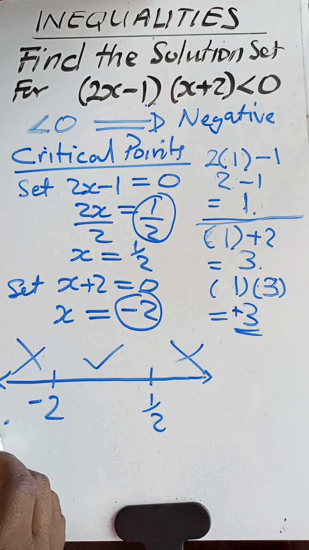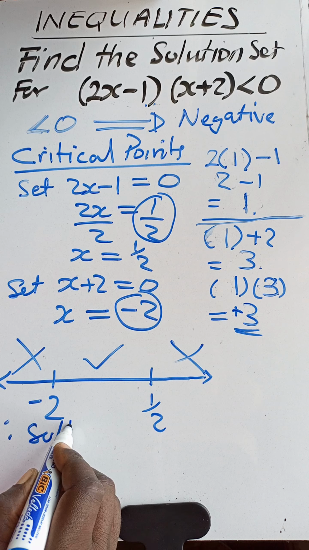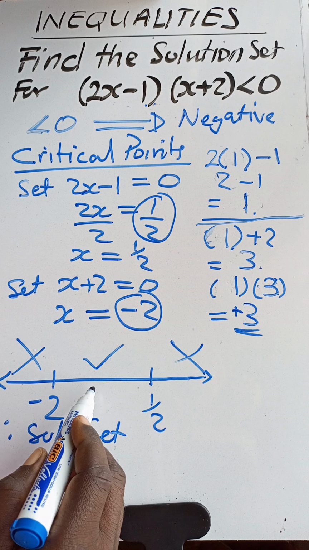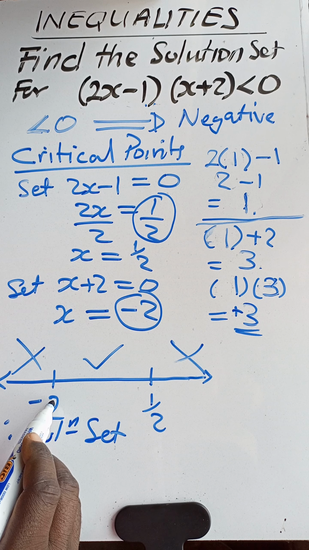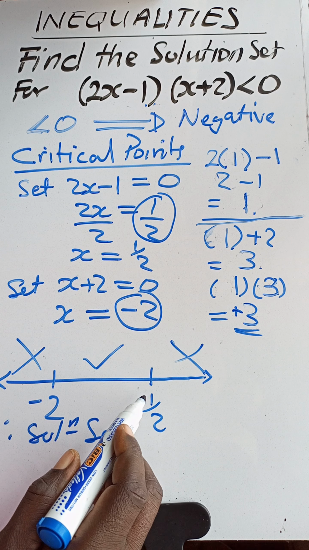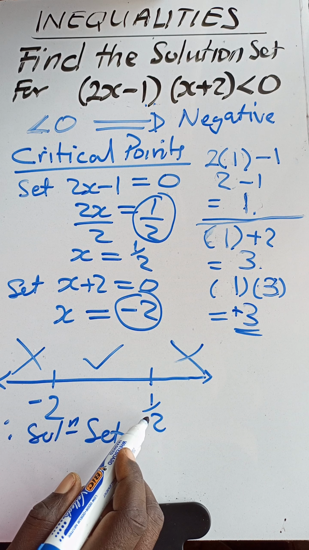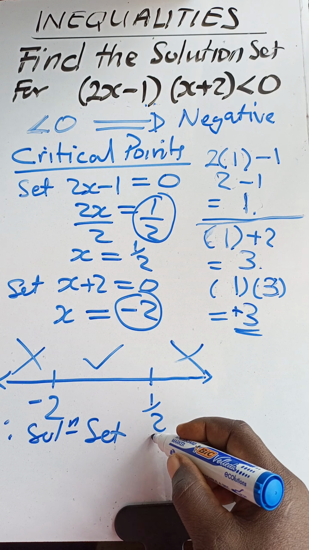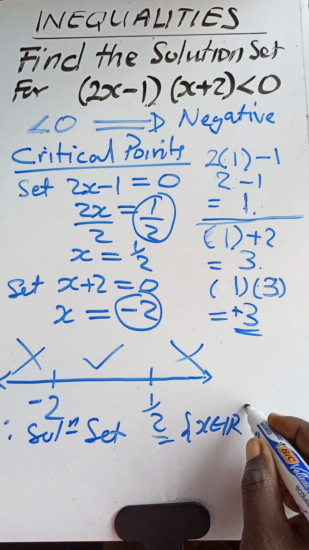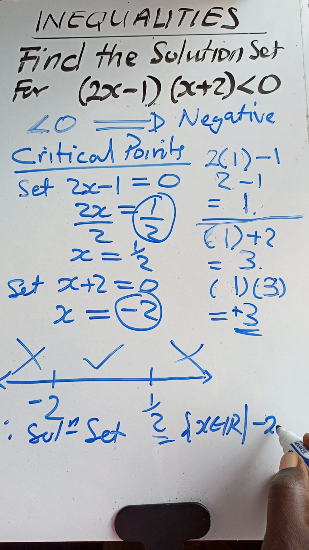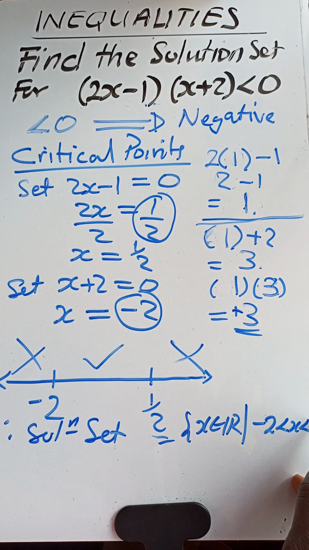So finally, our solution set will be all values from the right of -2 to a half. So the solution set will be all real numbers x such that -2 is less than x, which is less than a half.